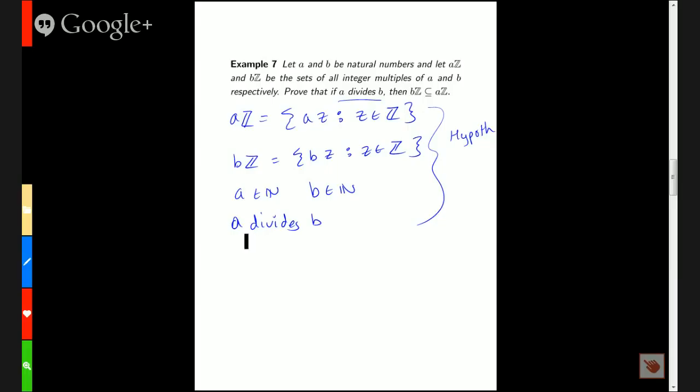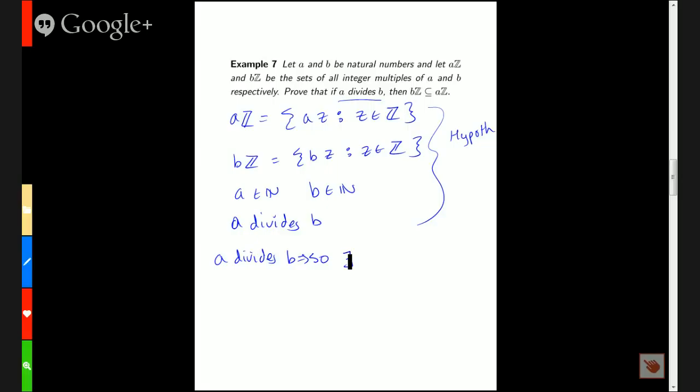So let's go through. If a divides b, what does that tell us about the relationship for a and b? Well, that's where we're headed, but just the divides definition.